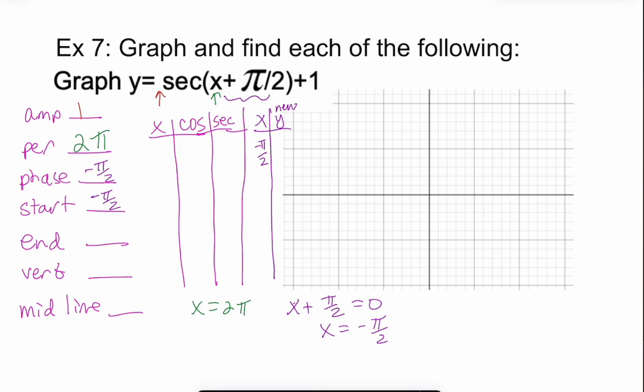Well, our ending place is always going to be where that equals 2 pi. So just subtract pi over 2 from that. How do we do that? Well, that's a half we're taking away. If we have 2 pizza pies, that's 4 halves. We've taken away a half. So that is 3 halves that remain.